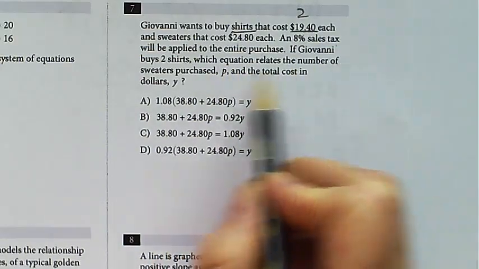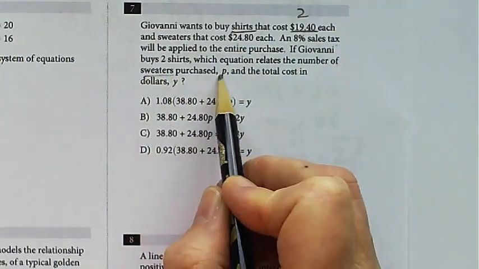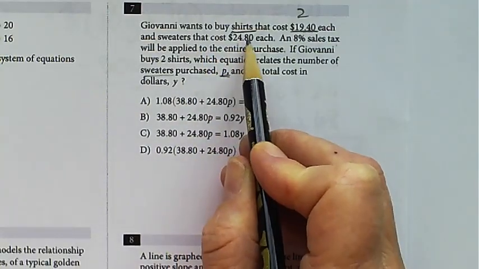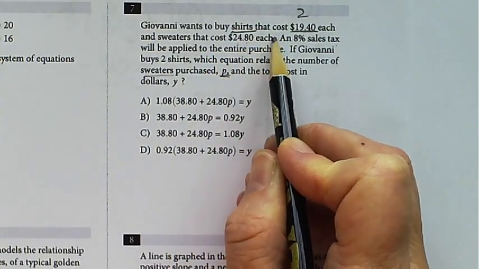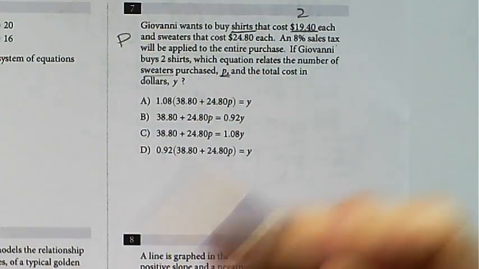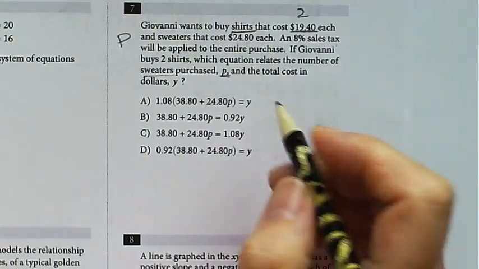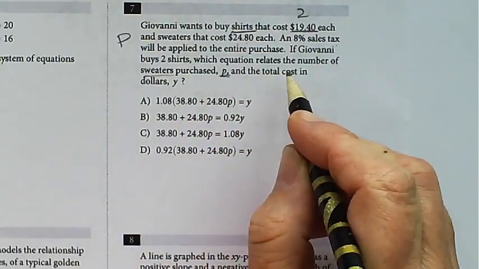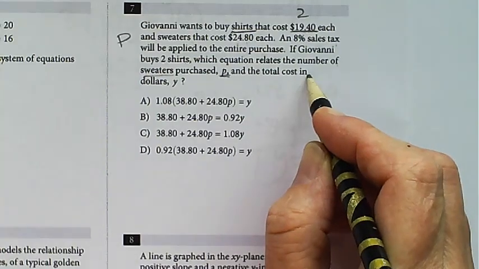Which equation relates the number of sweaters purchased, P, so sweaters cost $24.80, and we don't know how many he's buying, we just know he's going to get P sweaters. So which equation relates the number of sweaters purchased and the total cost?